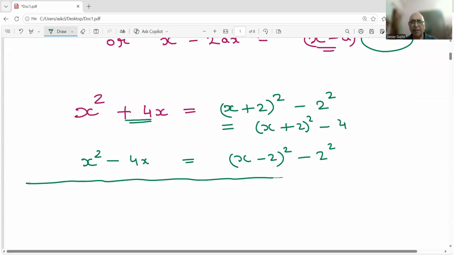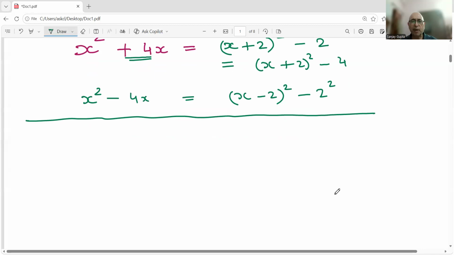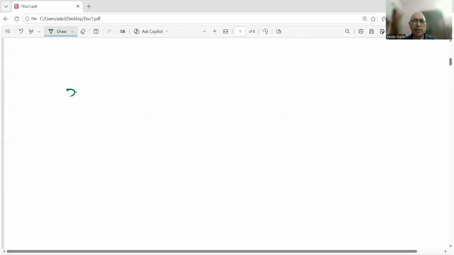So take these as the two core examples, and now more can be built on this. Let's say I want to do x squared plus 9x. How to write this in the completed square form? First ensure that the coefficient of x squared is 1. Yes, it is. So I can write x plus, now what is the coefficient of x here? It is 9. Can I divide it by 2?